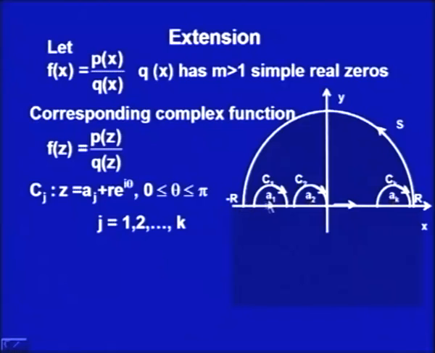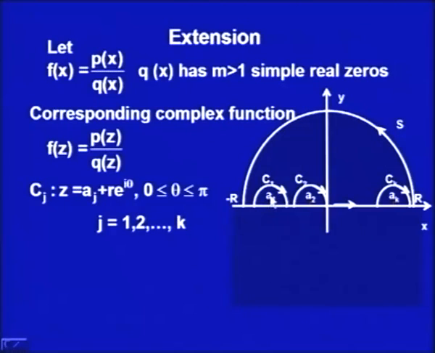Suppose this is A1, the first pole on the real line. I will take one semicircle around this A1 with radius r, and similarly around A2 again we take radius r.